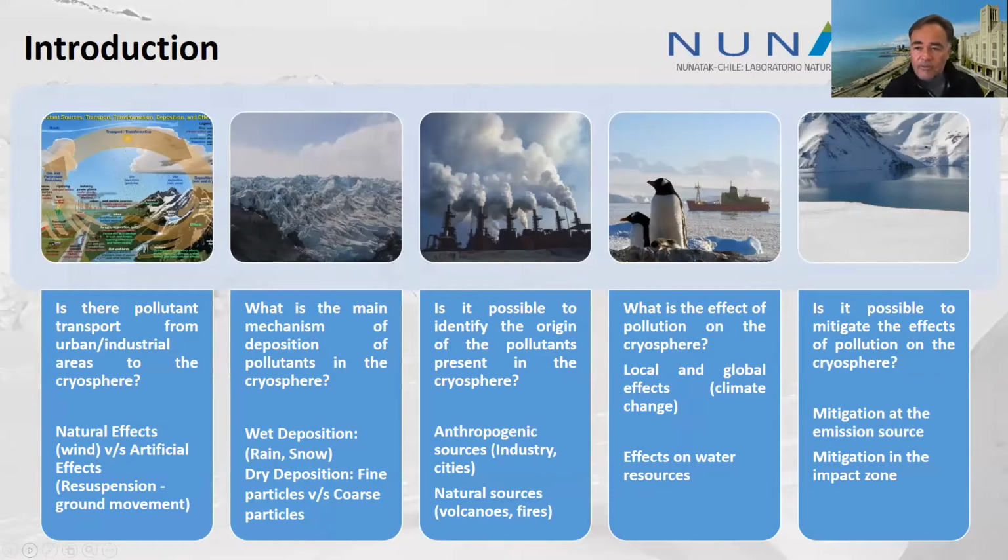The questions that we are trying to answer are the following. Is there pollutant transport from urban and industrial zones to mountain glaciers? We will try to differentiate natural effects, wind, dry deposition, wet deposition, versus artificial effects, blasting, earth movement, etc. Another question is, which is the principal mechanism of pollutant deposition on glaciers? Which mechanism is more important, wet or dry deposition?